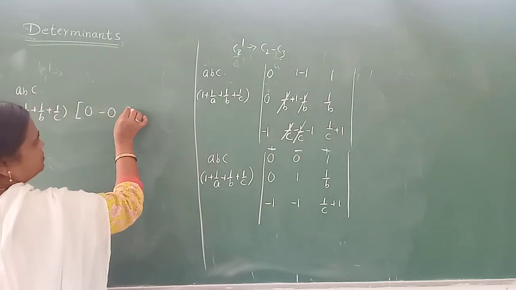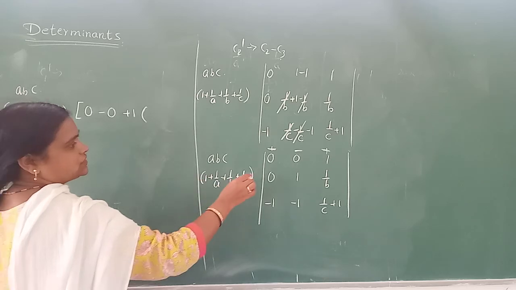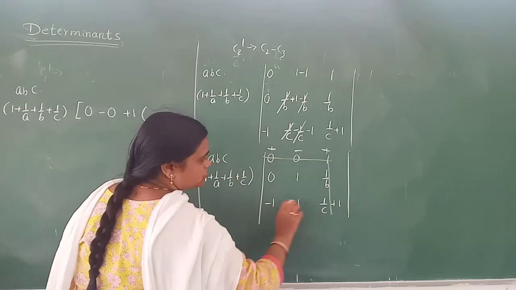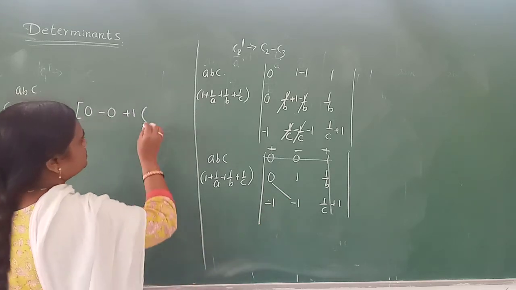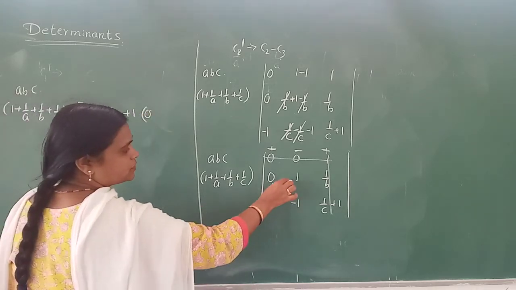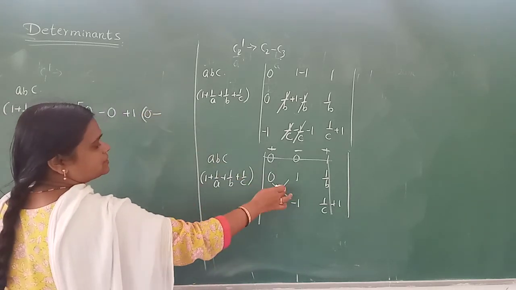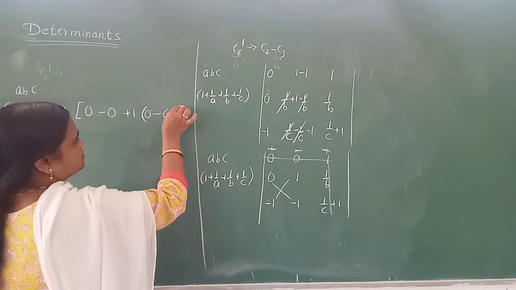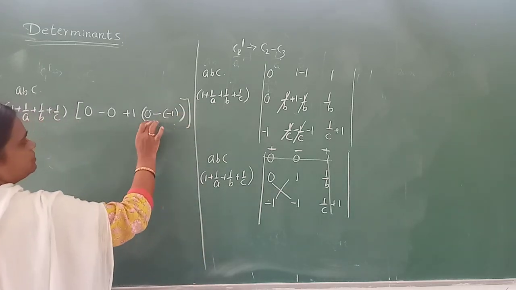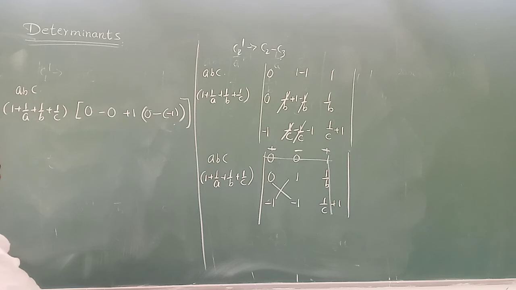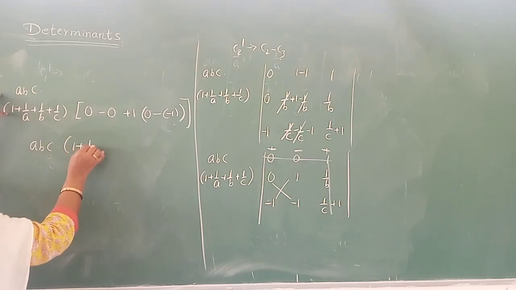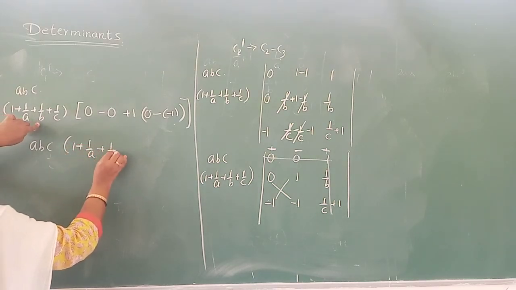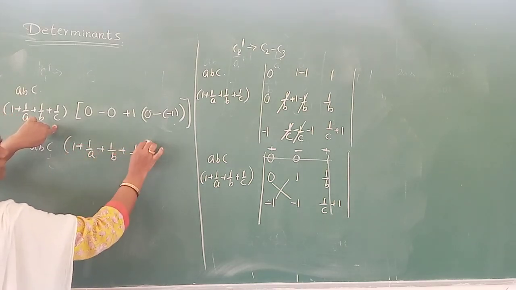Next 0 plus 1; leave the row and the column, you get a second order cross multiply: 0 into minus 1 is 0. Next, minus of minus 1, minus into minus becomes plus, 1 into 1 is 1. Therefore, the answer is A, B, C into 1 plus 1 by A, 1 by B, 1 by C.